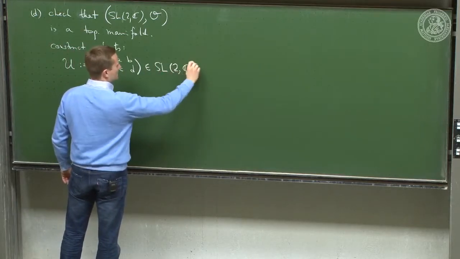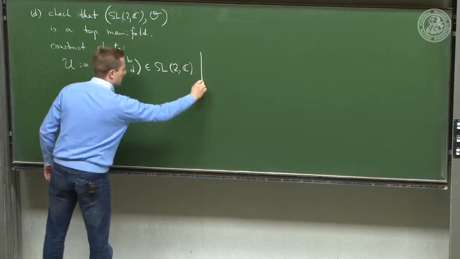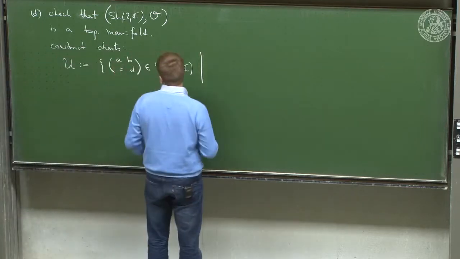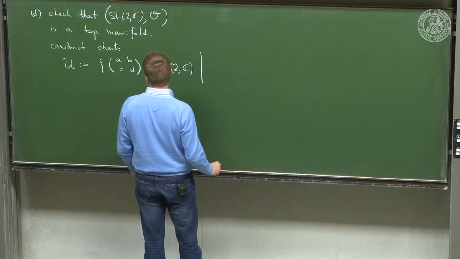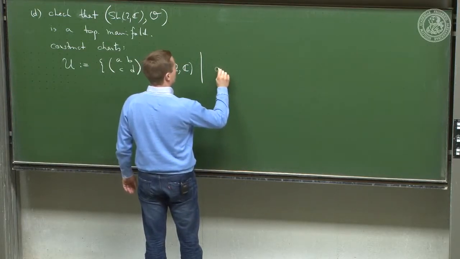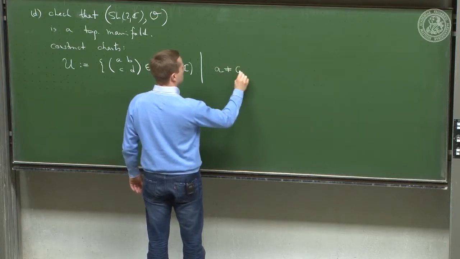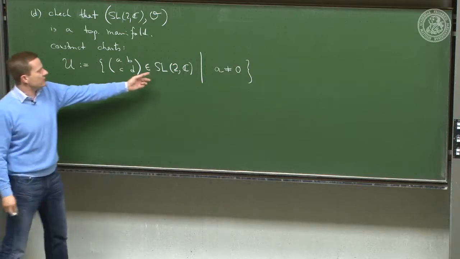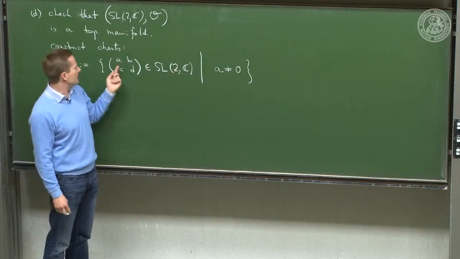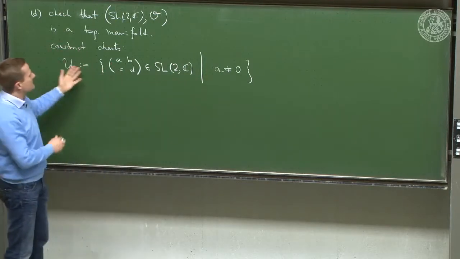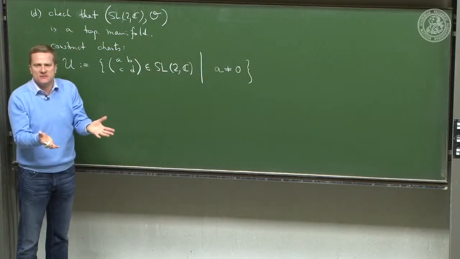It certainly needs to satisfy this condition, and I claim it is necessary to have it as a subset because I do this for A non-zero. That removes some points from SL2C, because there are SL2C matrices that have a 0 here. So this chart domain doesn't cover the entire SL2C.